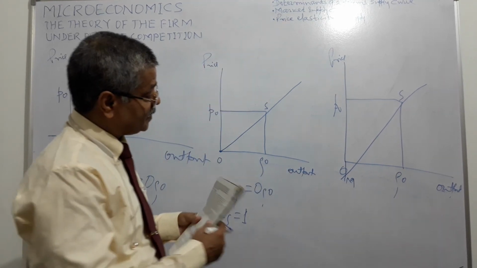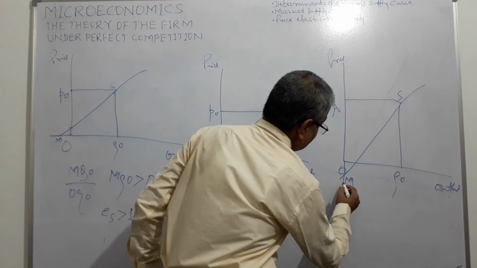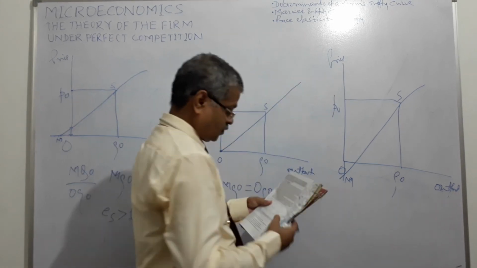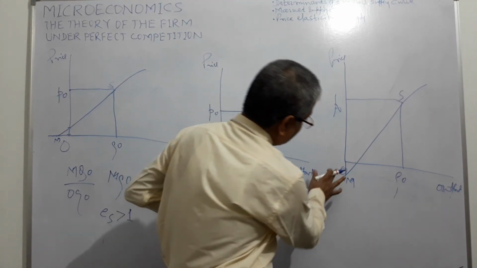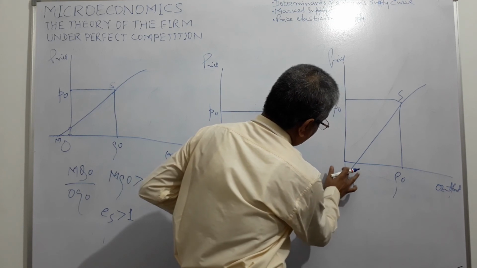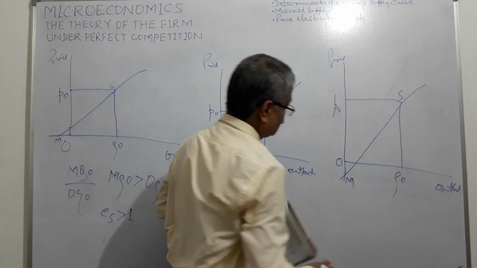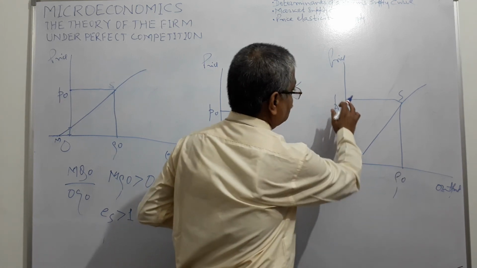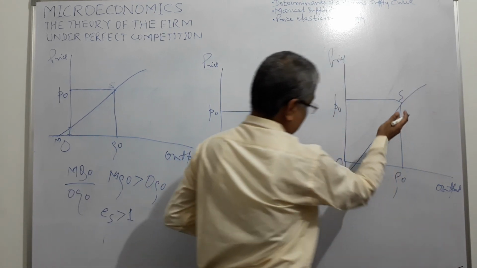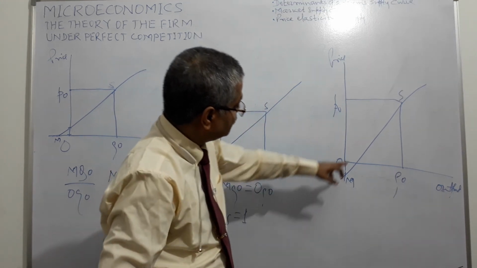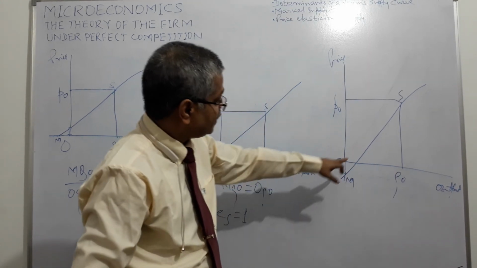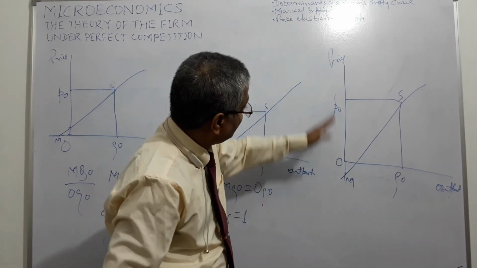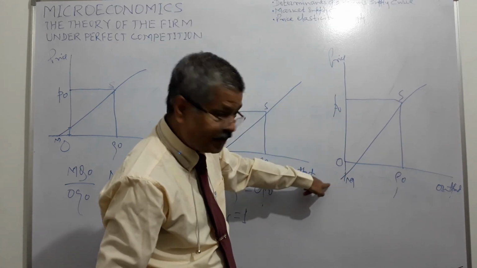So what happens here? Let us take MQ0. See, you should not get confused. This is O, right? OQ0, OP0, supply line, and the supply line cuts the output area here and price here, right?